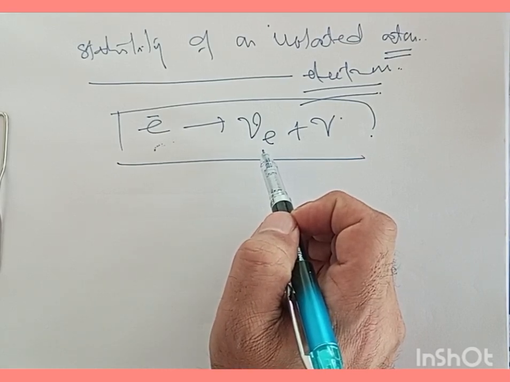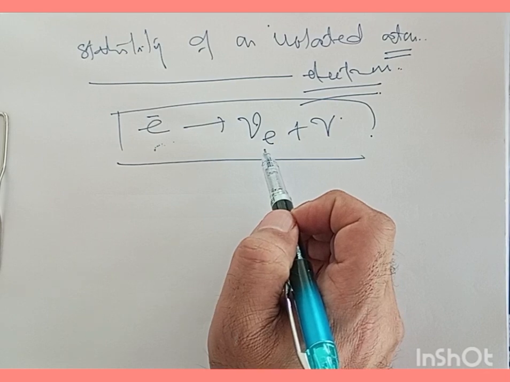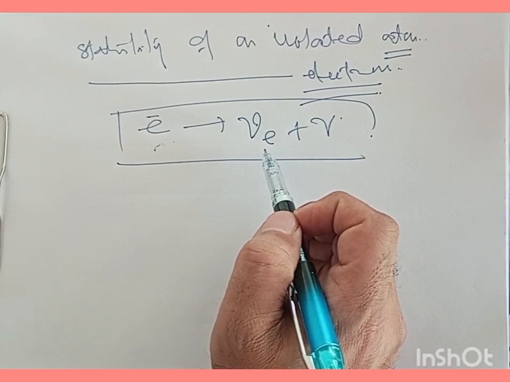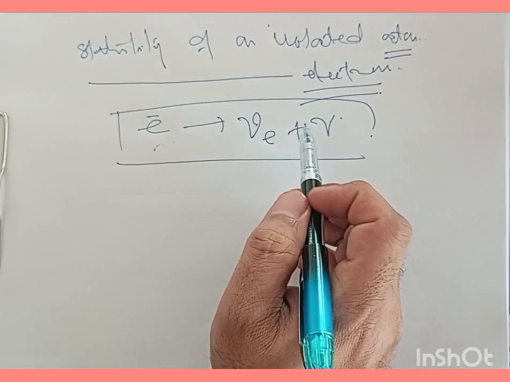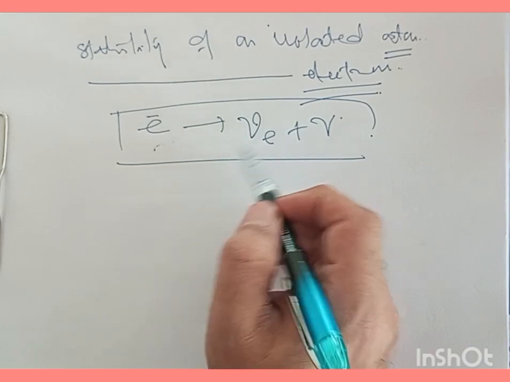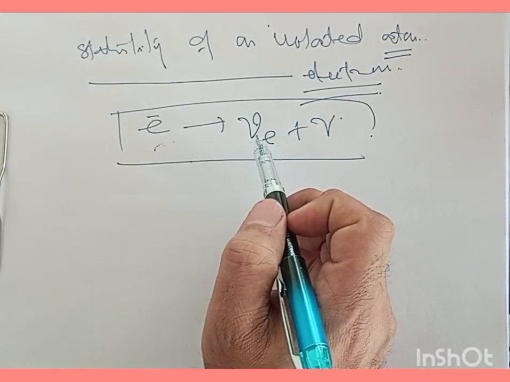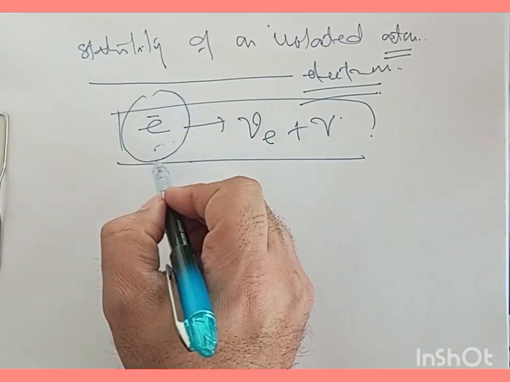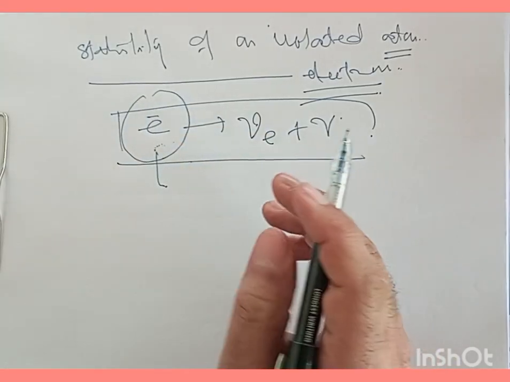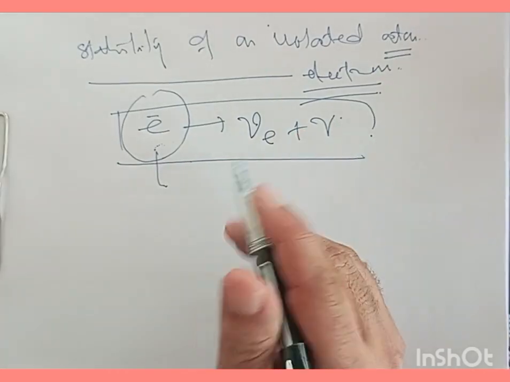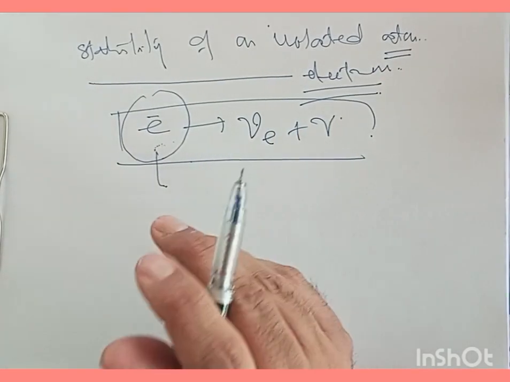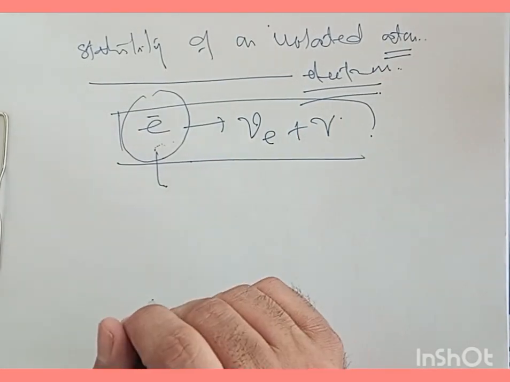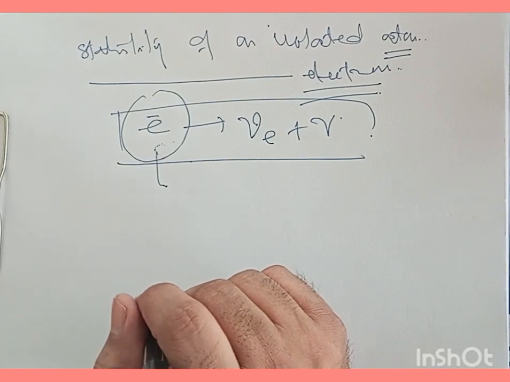So the energy can be conserved, but in the given decay we can see that charge is not conserved. Hence, this electron cannot decay. Or I should say that an isolated electron is stable, and it is stable because of conservation of charge.